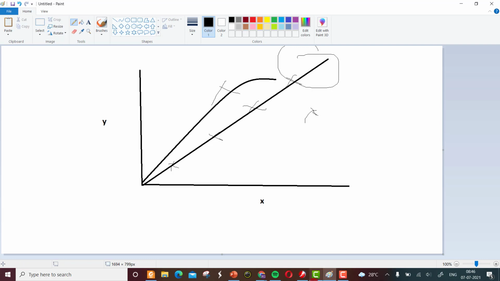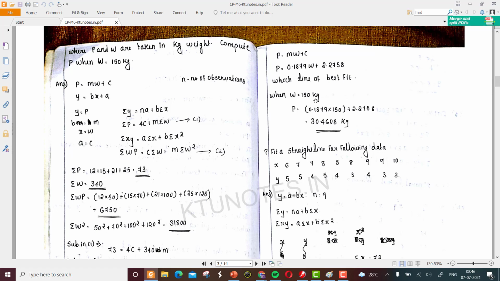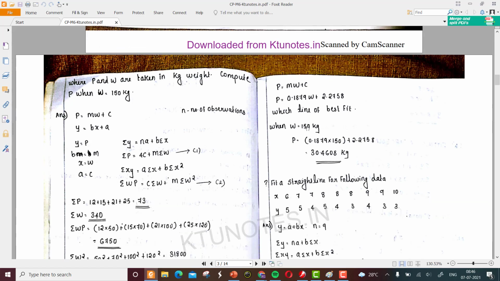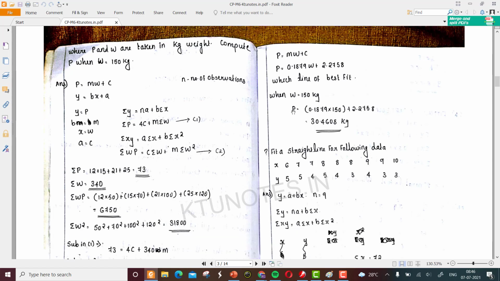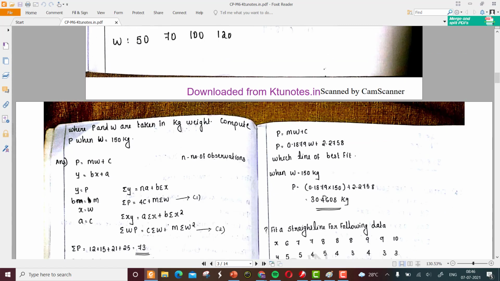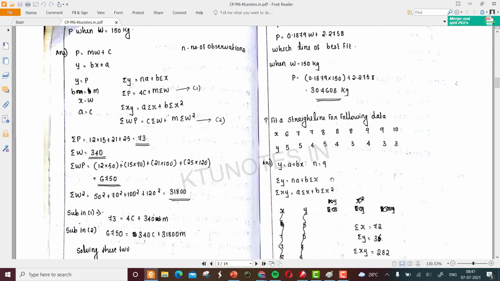By knowing the straight line equation, we can find the value for any W, even below 120 as well as above 120. So for 150 kg, substituting W as 150, you get the P value as 304.608, I guess. Just check the value.